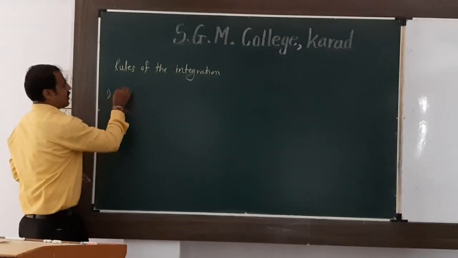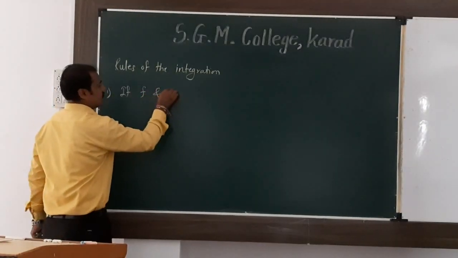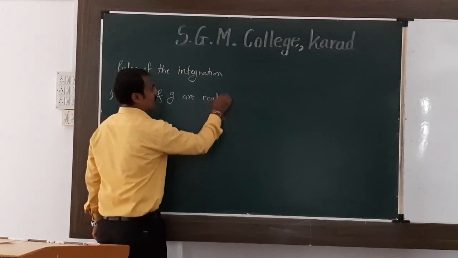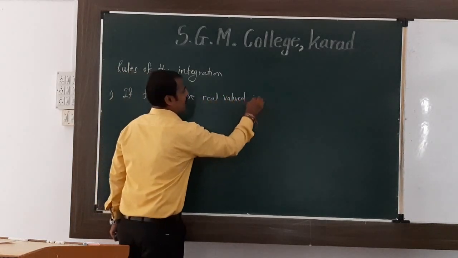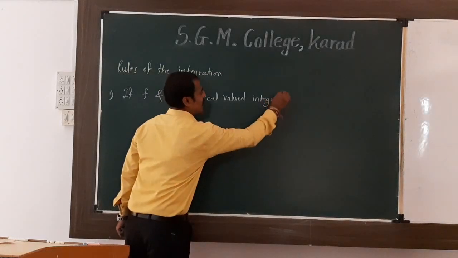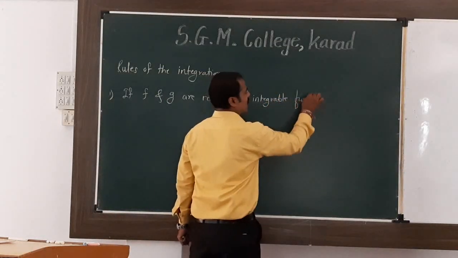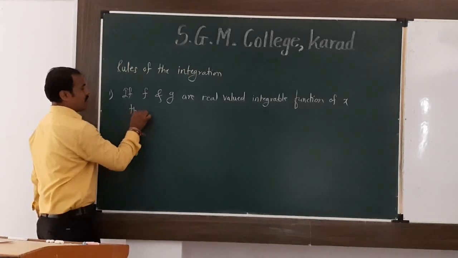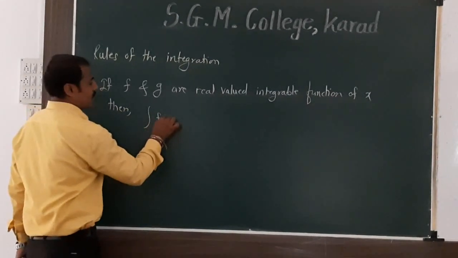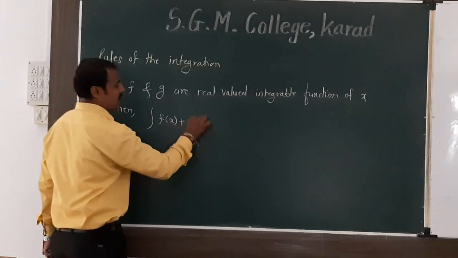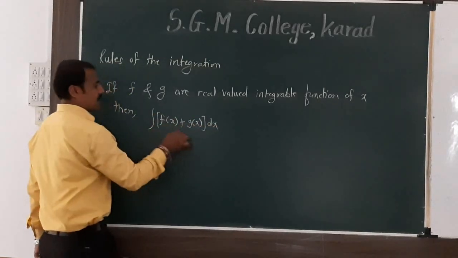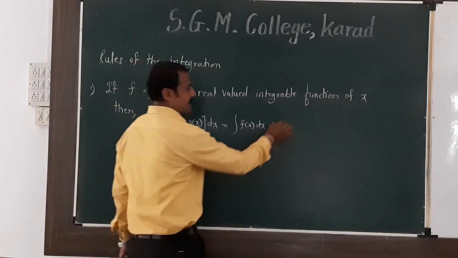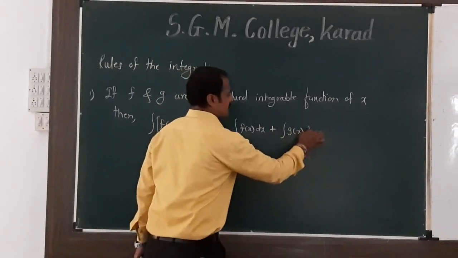if f and g are real valued integrable functions of x, then integration of f of x plus g of x dx is equal to integration of f of x dx plus integration of g of x dx.